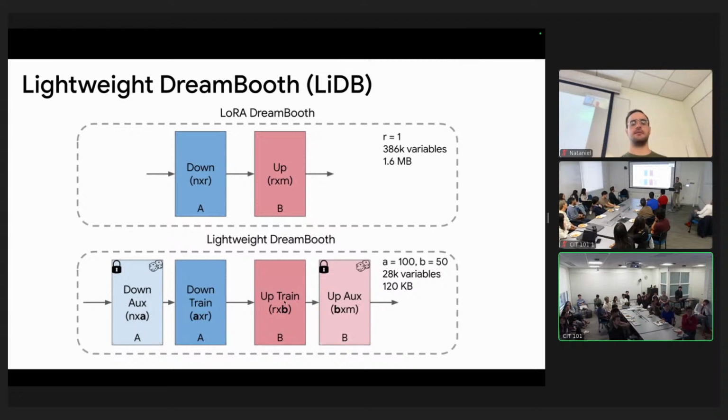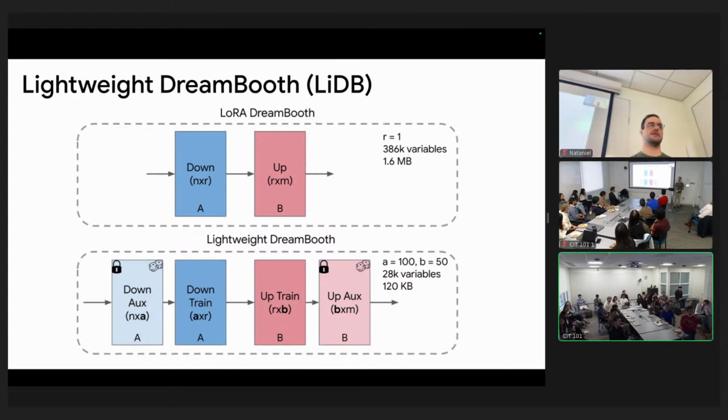Same thing with the up train and up aux: you randomly initialize the up aux and don't train it. Since rank equals 1, these are vectors of size A and size B, and just training these vectors, which we set at 150, so 150 parameters per self-attention or cross-attention layer, was enough to get us to find optima that corresponded to the identity of the person and were editable.